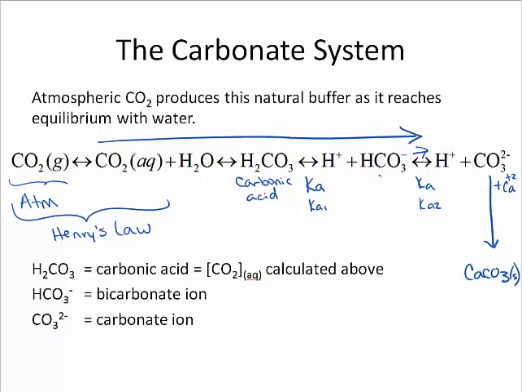As soon as this goes down, carbonic acid tries to reestablish this equilibrium. Carbonic acid releases a proton, and as soon as carbonic acid decreases, if this is open to the atmosphere, more carbon dioxide dissolves. Very quickly, equilibrium will be reestablished.